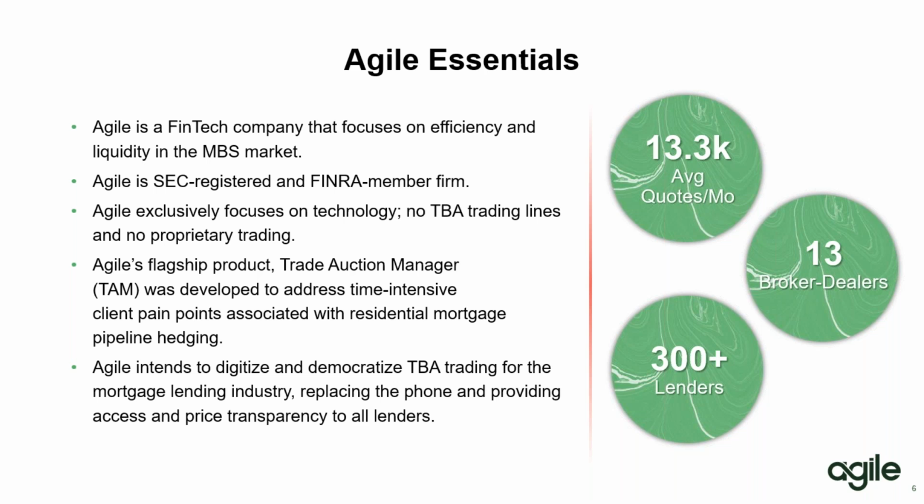Over here on the right-hand side, on a monthly basis across the TAM platform, we're seeing over 13,000 bid requests per month being generated from over 300 lenders to 13 participating broker dealers. So the uptake has been extremely rapid and continues to grow exponentially.